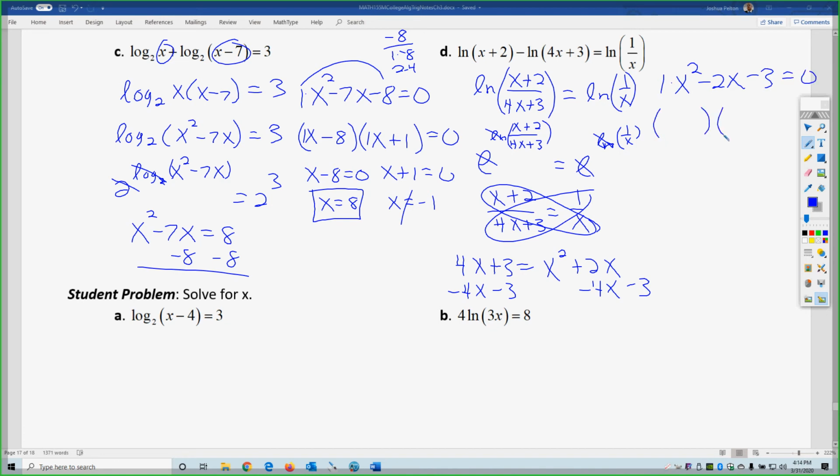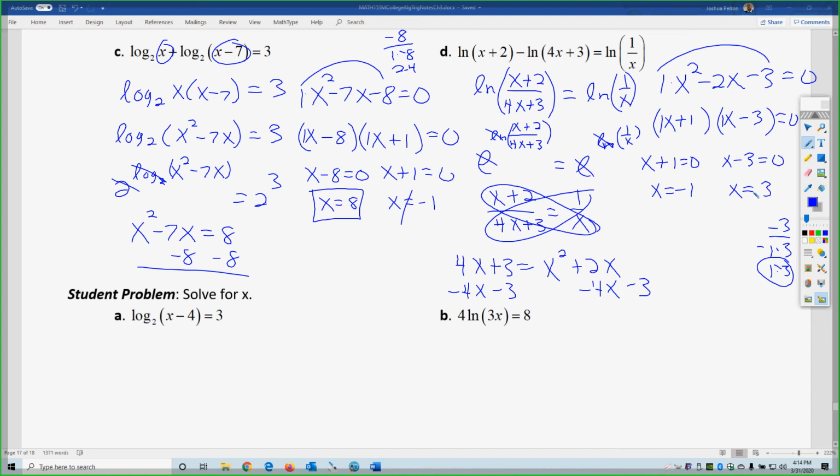We'll do quad form factoring. 1x and 1x. Well, 1 times negative 3 is negative 3, which is 1 times 3. But one of these needs to be negative. So it's going to make sense to be the 3 to be negative because plus 1 and minus 3 multiplies to negative 3 and adds to negative 2. So x plus 1 is 0 and x minus 3 is 0. So x is negative 1 or x is 3.